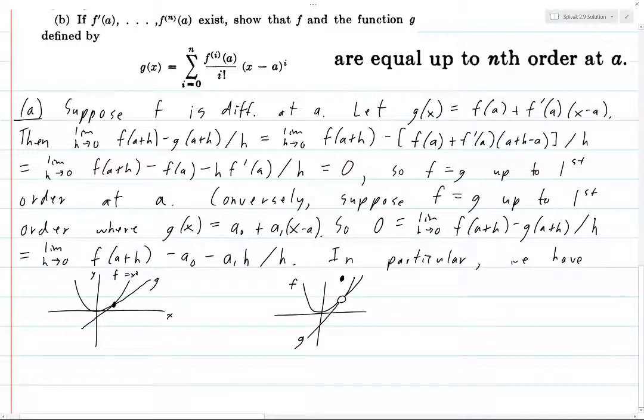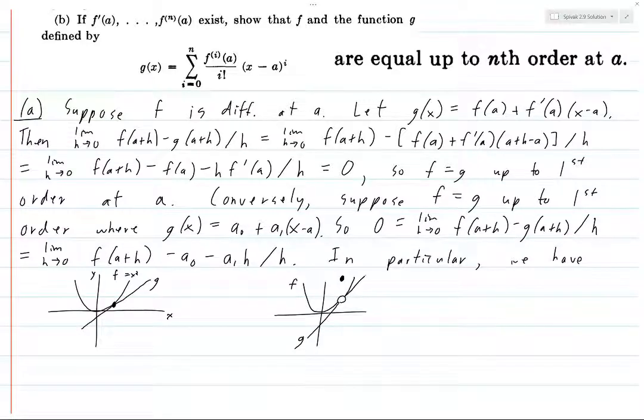If we look at f and g, assuming that this open circle were closed and were a point on f, then this would just be f of x equals x squared, and assuming, of course, that g is a tangent line at a particular point, then f will be equal to g up to first order at this particular point.